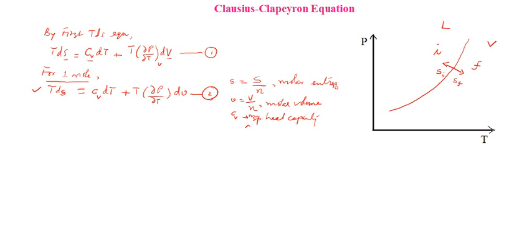So si denotes the molar entropy in phase I, and sf denotes the molar entropy in phase F. Similarly, vi and vf be the values of the molar volumes in the initial phase and the final phase, or first phase and second phase. You could have named them 1 and 2, but your books name them initial and final, so I am following the same thing. Now, let me take a particular point here.